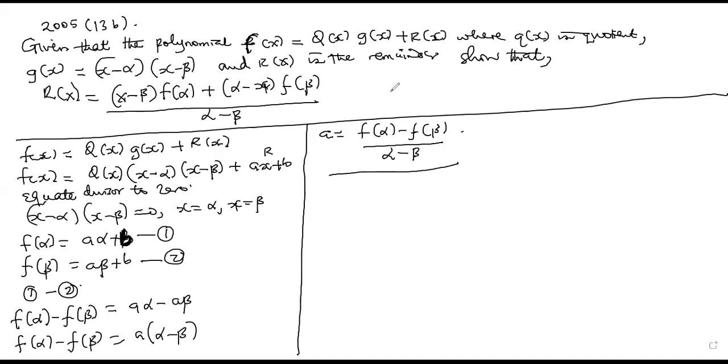You say pardon here, I can't pardon the whole thing. It's a matter of knowing the form in which this is written. Because this is the divisor, they have given me everything in the question. Equate the divisor to 0, get x as alpha, get x as beta. Substitute x as alpha and get the first equation. Substitute x as beta, get another equation. Subtract the two equations: f alpha minus f beta. Factorize out a being common and divide by alpha minus beta. It will give you the value of a.